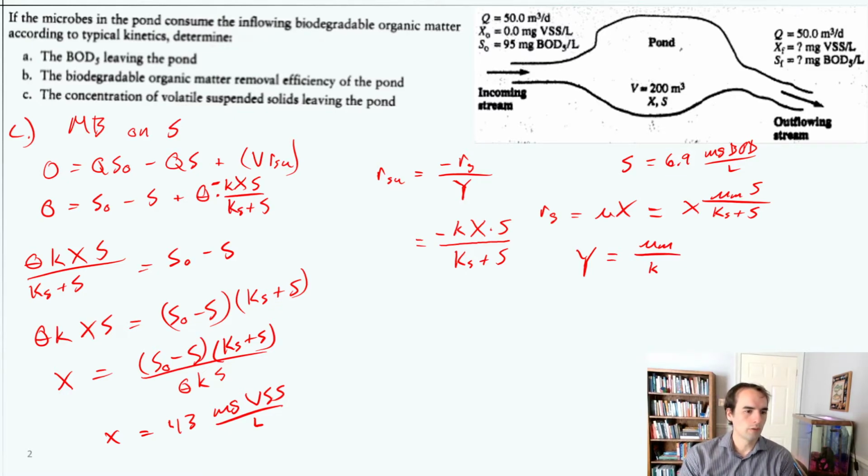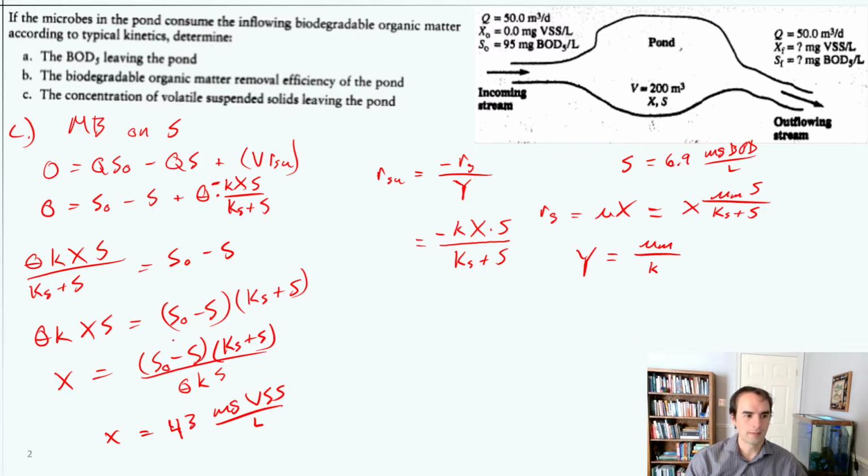Now, if you're unsure if you did your algebra right for this problem, you would want to take a look at the units and make sure that the units you derived from your algebra actually match what X should be. The problem even tells you it should be in milligrams per liter of VSS. So a good way to check is to ask, what are my units on top here?